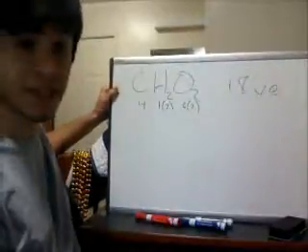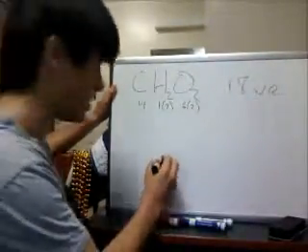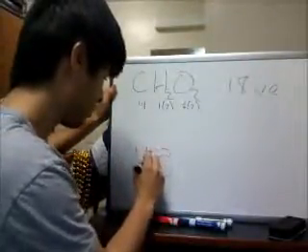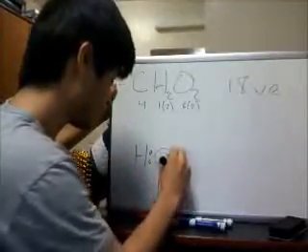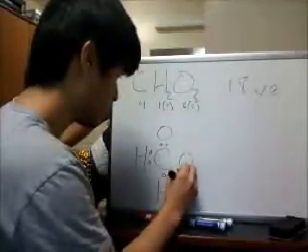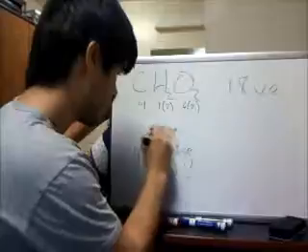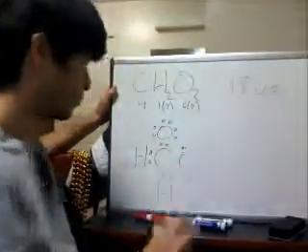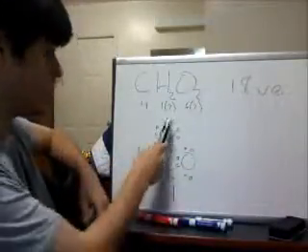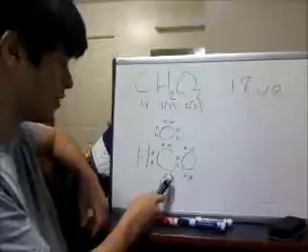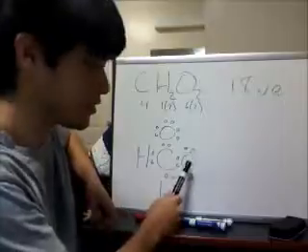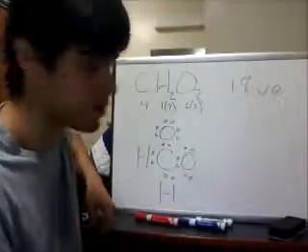So let's do like we did last time and start with this carbon atom as the central atom and put the other atoms around it. Right here we have 2, 4, 6, 8, 10, 12, 14, 16, 18 valence electrons. We've used up all of our valence electrons, and notice that our oxygen is still lacking 2 electrons.